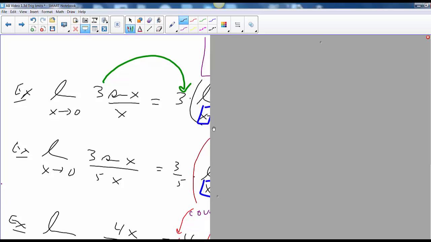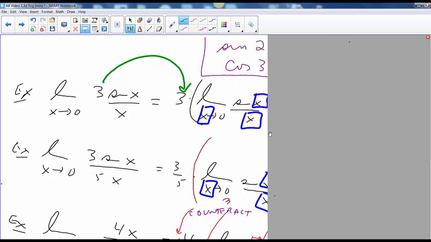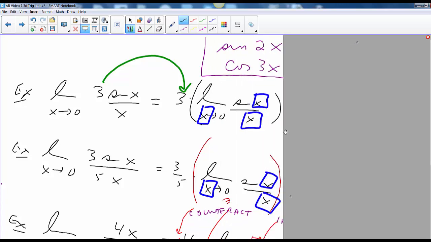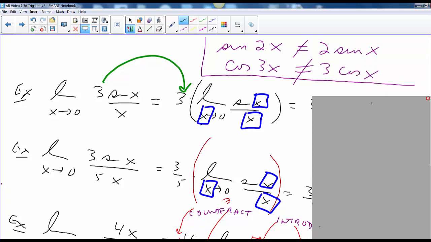We are able to pull out the 3 by the properties of limits, and therefore we end up with 3 times the limit as x approaches 0 of sine x over x. And of course the expression in this parentheses is what's equal to 1, so we have 3 times 1 is 3.